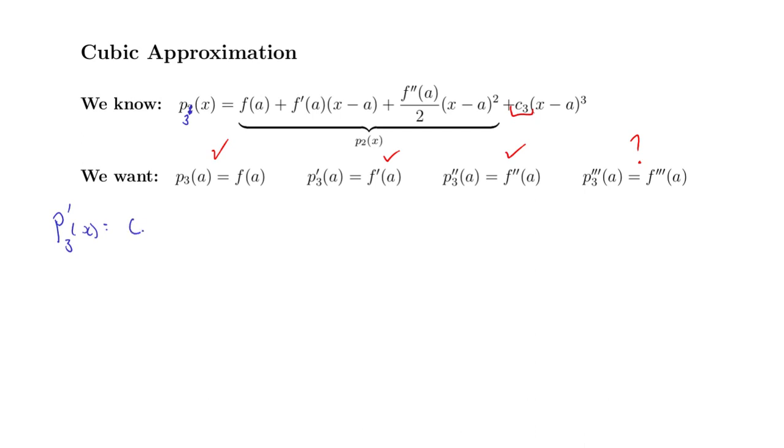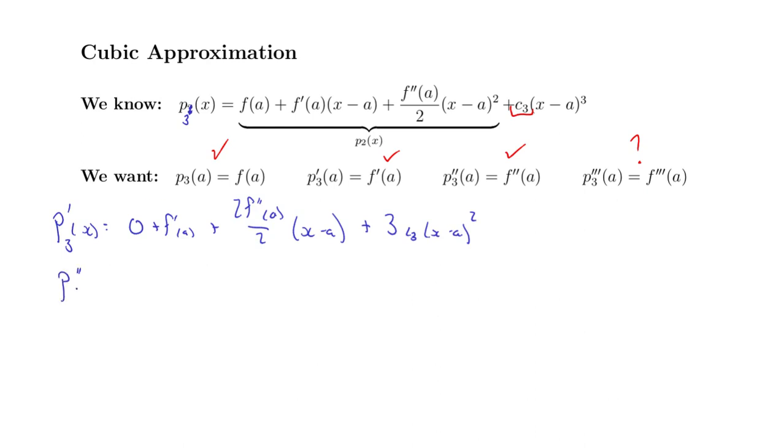This is going to be 0 plus f prime of a plus 2 f double prime of a over 2 times x minus a plus 3c3 times x minus a squared.